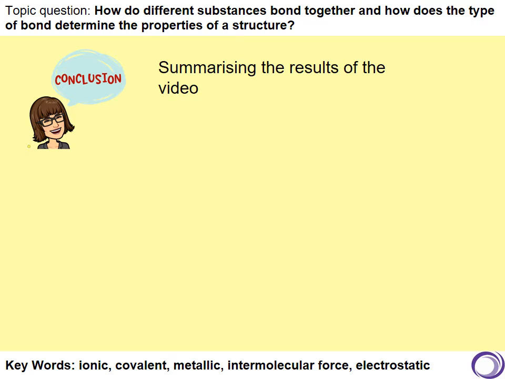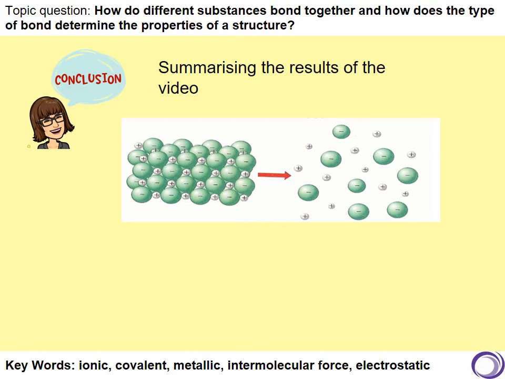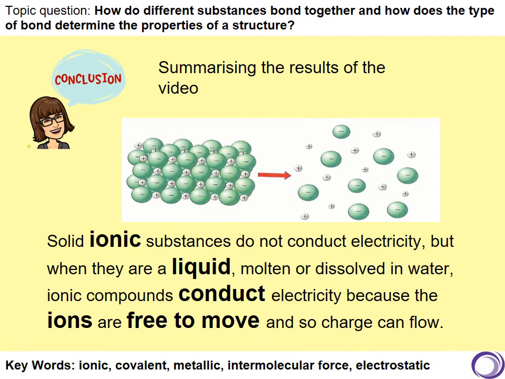Summarising then what we've just seen in the video. Here we have the picture of an ionic solid. As a solid, the ionic substance will not conduct electricity. This is because the ions are not free to move and carry the charge.